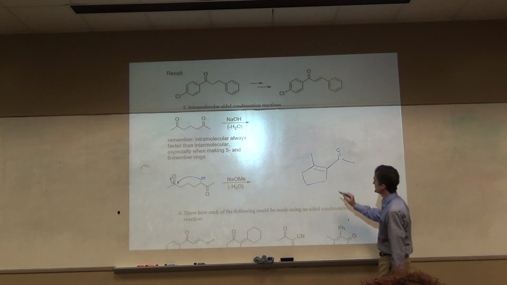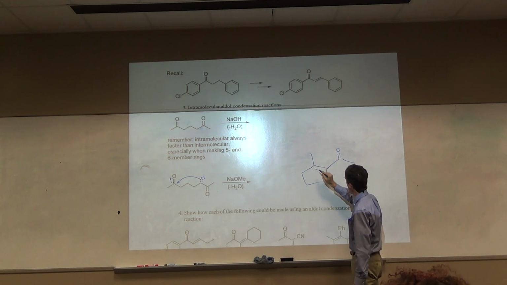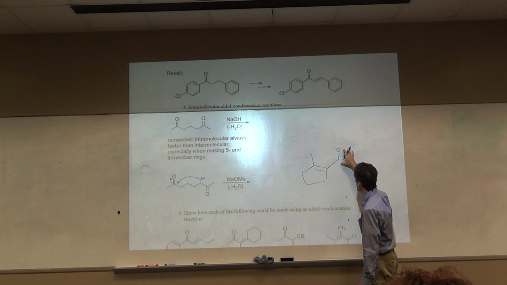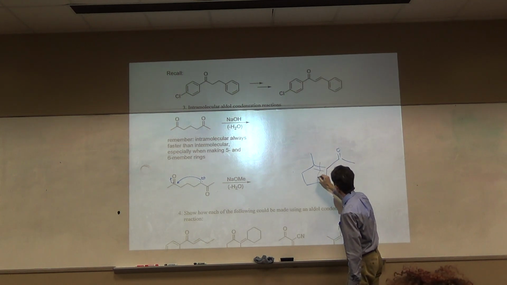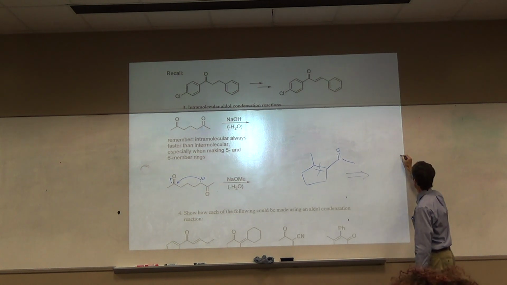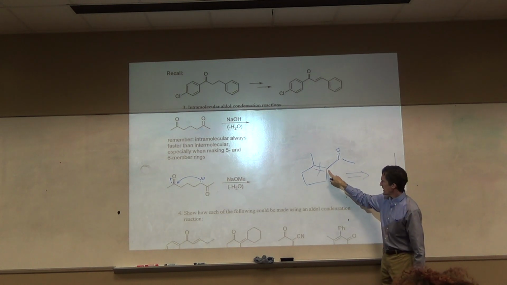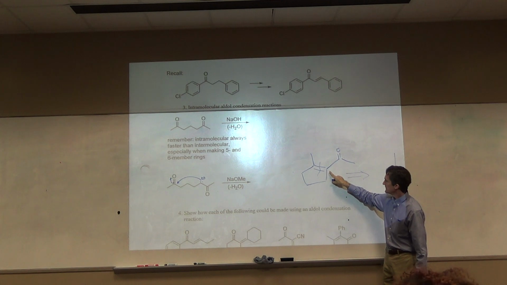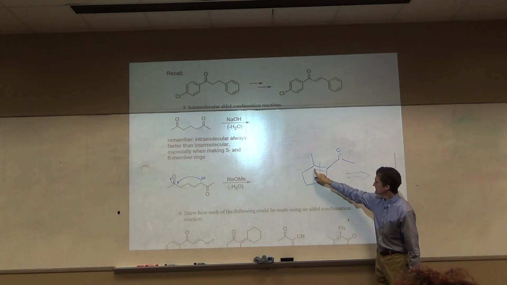Basically, if you go backwards, the aldol gives the alkene. It makes the alkene alpha beta unsaturated to a carbonyl or some other similar electron-withdrawing functional group. If we break this apart, we can go backwards. One of these was an enolate carbon. Which one was it? Left or right? Right, the one next to the carbonyl. The other carbon was originally what? Carbonyl, right.